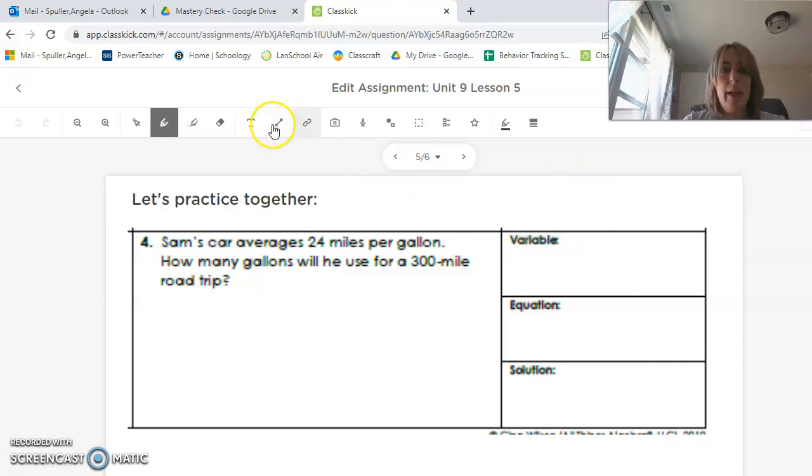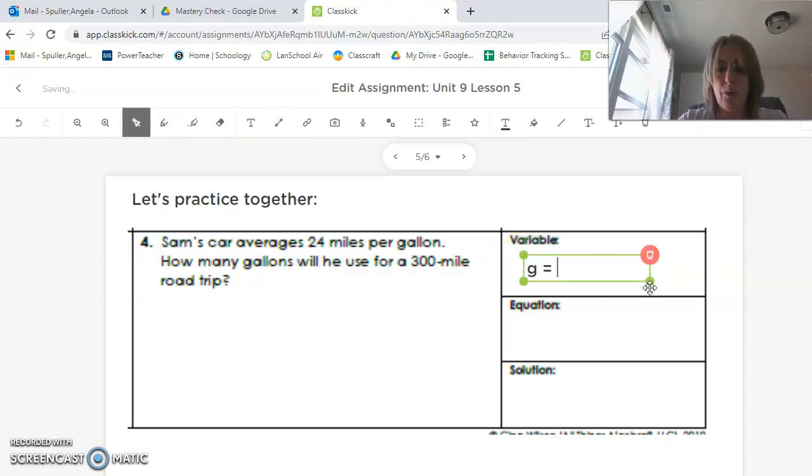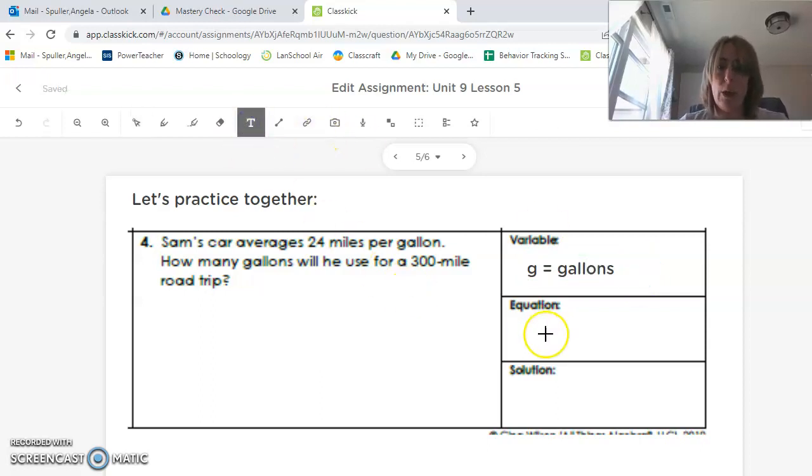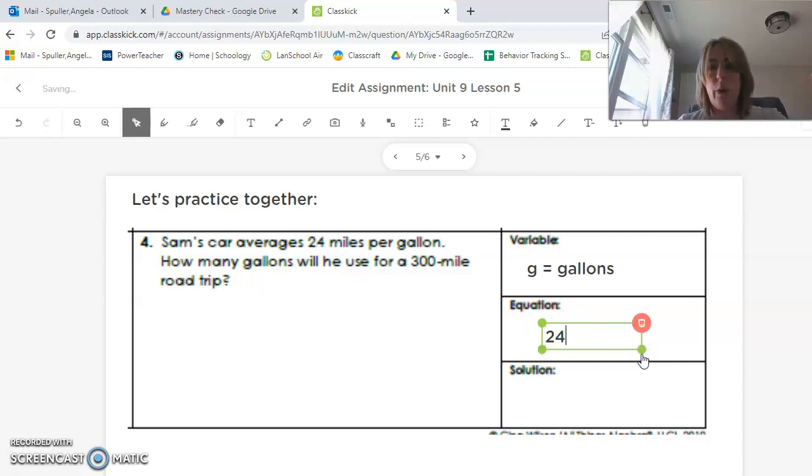Okay, for the first one, Sam's car averaged 24 miles per gallon. How many gallons will he use for a 300-mile road trip? So I'm going to use G equals gallons. Okay, and I'm going to make my equation. He gets 24 miles per each gallon, and he's going to go through 300 miles.